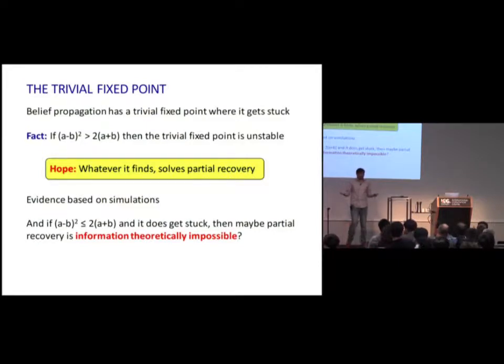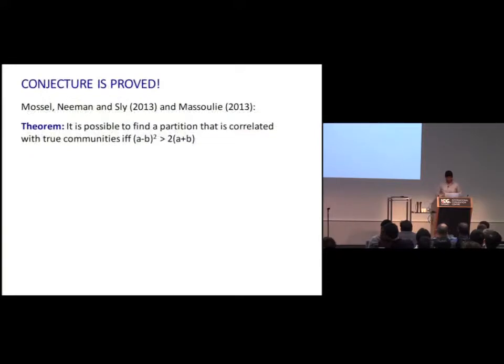recovery. So this was a really strong chain of reasoning that was really starting from this hope that belief propagation is, in some sense, an optimal algorithm. That when it fails, it means the problem is just information theoretically impossible, and that otherwise it succeeds, even though it's a very complicated iterative scheme. So what's amazing is that this conjecture is true, down to the exact constant.